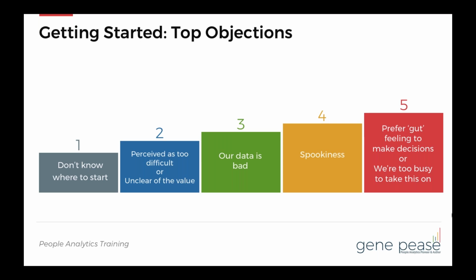Some people in HR still prefer their gut feelings, and lots of people, because we're trying to do more work with less people, are too busy to take this on. So you've got to find the objections within your organization and really fight to overcome those. Hopefully today's webinar and some other tools we will show you will give you the ammunition to get going.